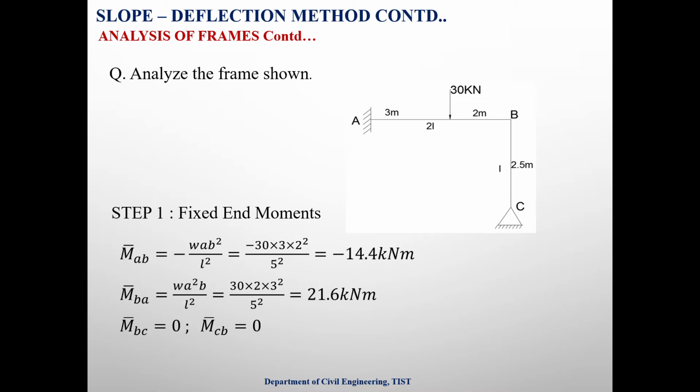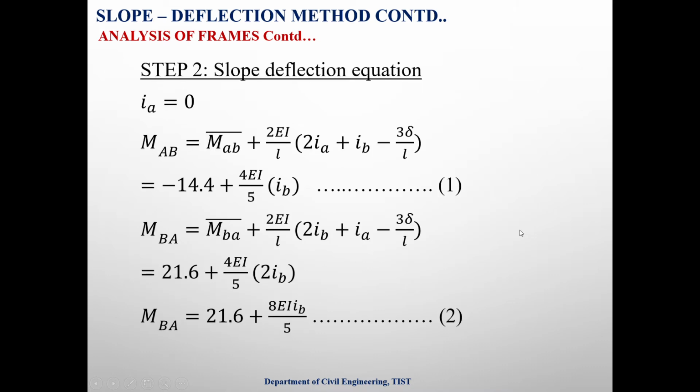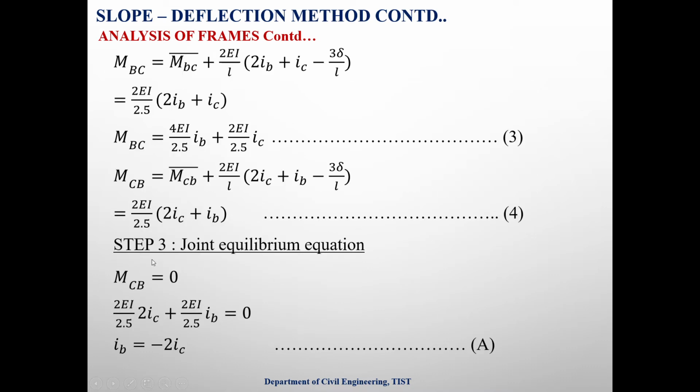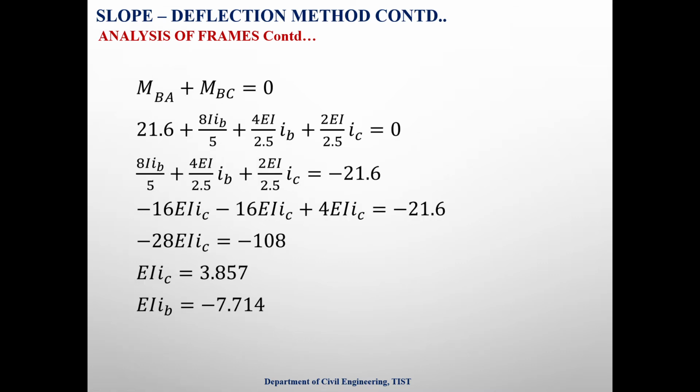One is M CB equal to 0, since joint C is a simply supported one. And M BA plus M BC is equal to 0. From step 2, we know the equation of M CB. Substitute that equal to 0, then we will get one equation, that is equation A.